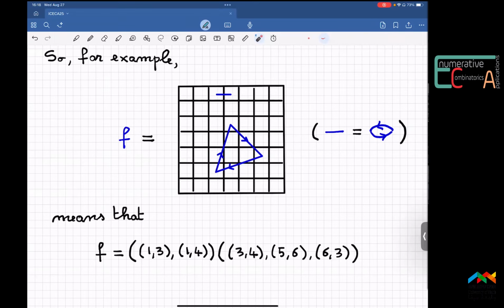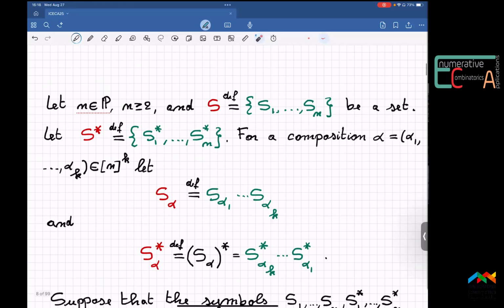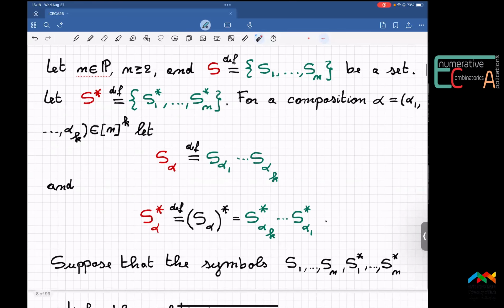Okay, so let me start with this introduction to Cuntz algebras for combinatorialists. You take a positive integer n greater than or equal to 2, and I'll consider a set S, and I'll call its elements S1, ..., Sn. And I'll consider another set, which I call S star, and its elements I'll write S1 star, ..., Sn star.